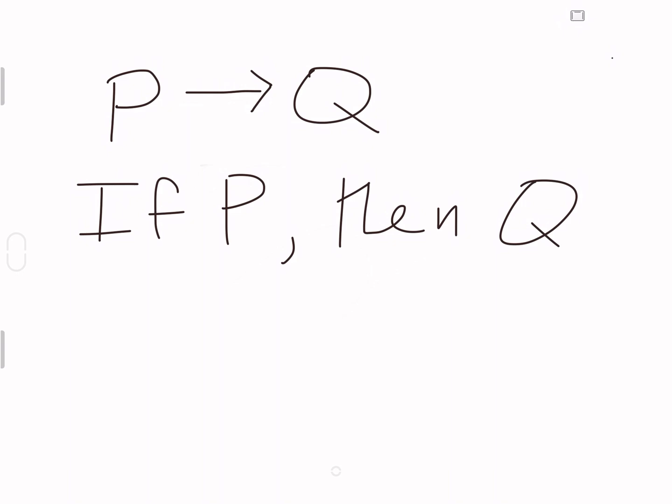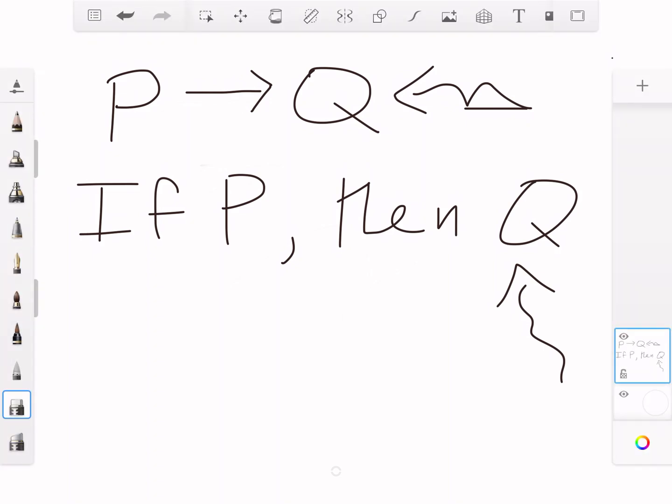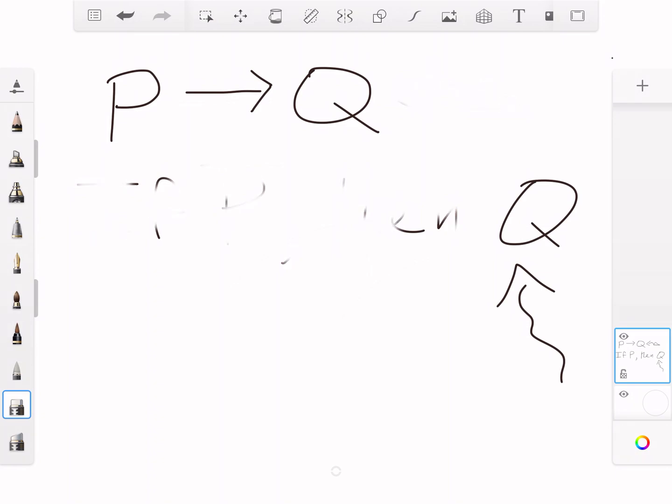Both of these, when you write it like this, when you write it like that, you mean the same thing as what we have here. Okay? All right, so let's say we have one of these statements of this form, if P then Q.